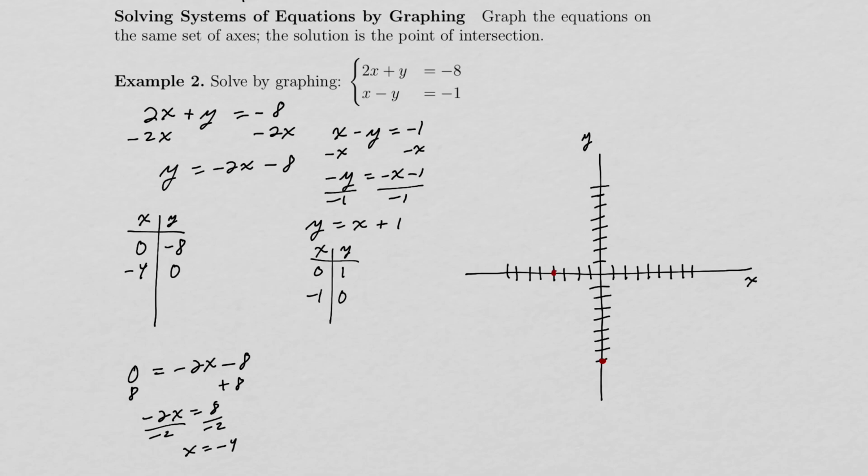So this first line is going to look something like this. All right, and it goes on forever. And then for the second line, I have 0, 1, which is here, and then -1, 0, which is here. So the second line will look something like this.